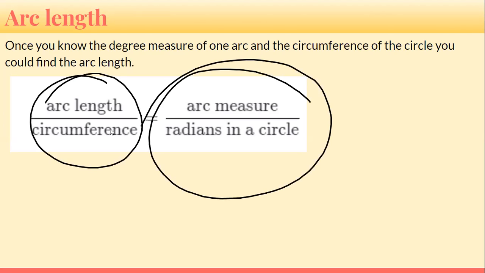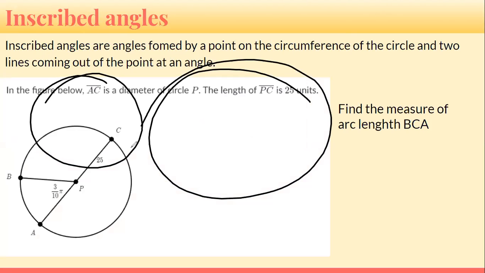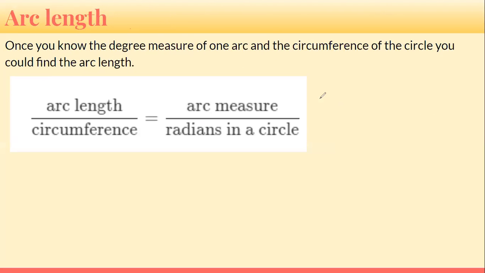Arc length over circumference is equal to arc measure over the radians in a circle. All right. Let's move forward.